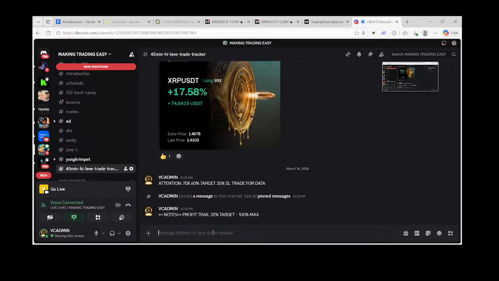What that means is if you get above 35, 40, 50% and you want to go for 100, put your stop loss, your profit trail, at 35% for your target locked in, and then move the target from 60 to 100%. So that if it does jump up and hits it, you get 100. If it falls back down, you get 35. Does that make sense?